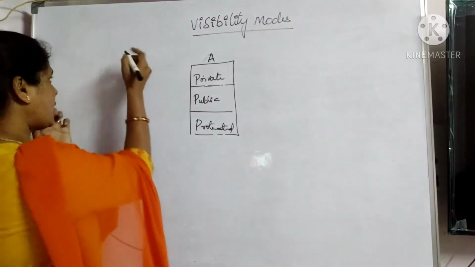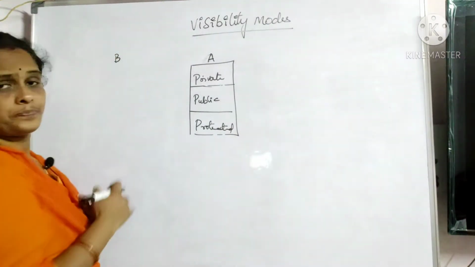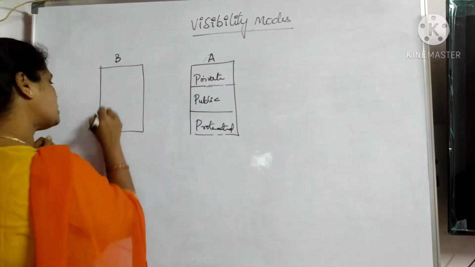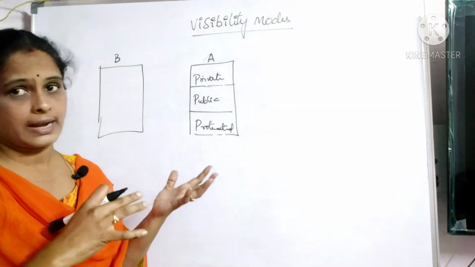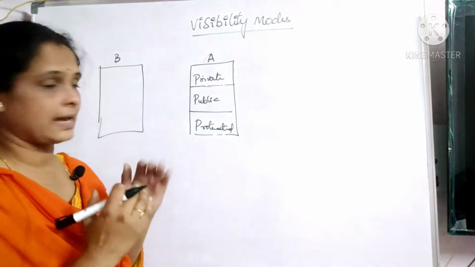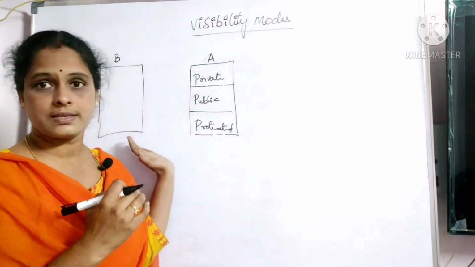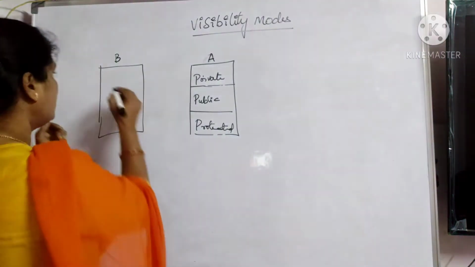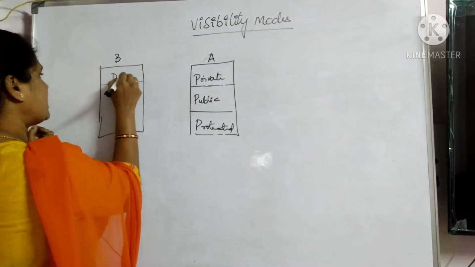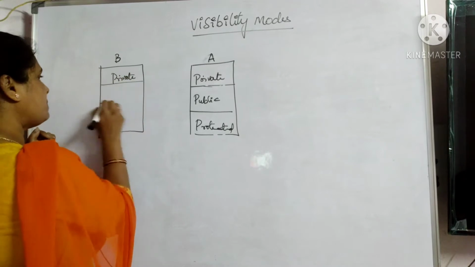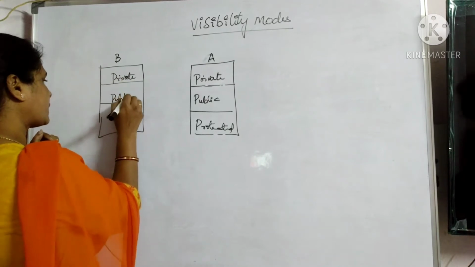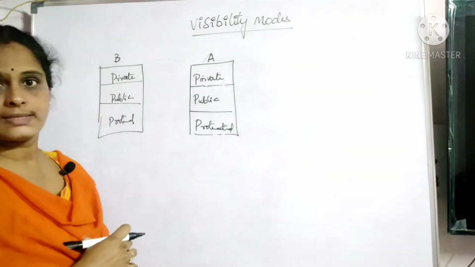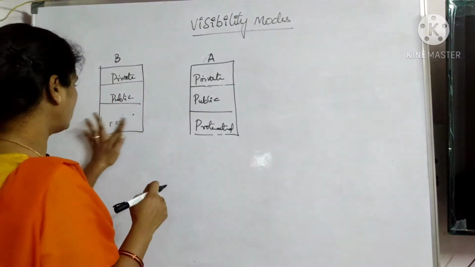So suppose I have a class B. Class B, which is a derived class, has its own data, again some private, some public and some protected.